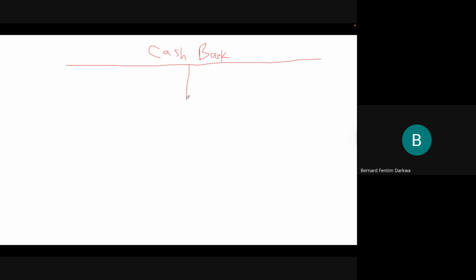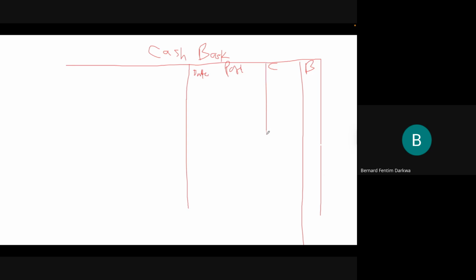So let's assume that this is my cash book. What I'm coming to do now is not about the recording, it's about how to balance. So you have your particulars here. Let's assume there's a particulars column, I'm just making things simple. There's the cash column and there's the bank column.